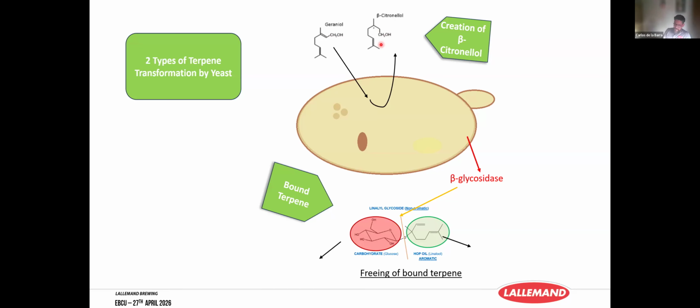So this is a very good marker to measure the biotransformation activity of any given yeast. It can also happen outside of the cell walls of the yeast. Here we can see that the enzyme beta-glycosidase is expressed and goes through to the outside of the yeast cell. So this reaction happens outside of the cell, where the sugar will actually be transported through the membrane back into the yeast cell.